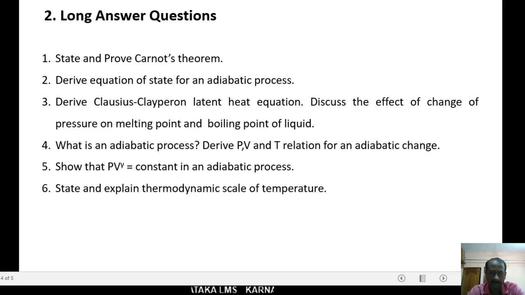For this one you write using the heat engine concept. That means efficiency of Carnot engine using the formula eta equals 1 minus Q2 by Q1, which is equal to a function f of theta 1 and theta 2. Using that concept you have to derive the thermodynamic scale of temperature.